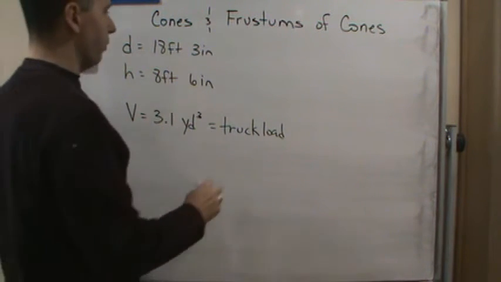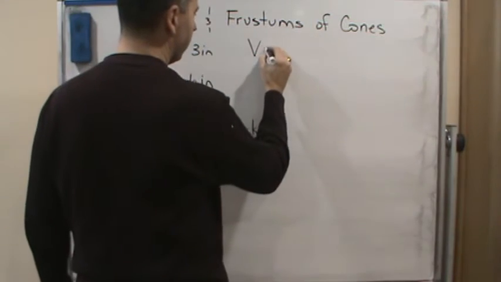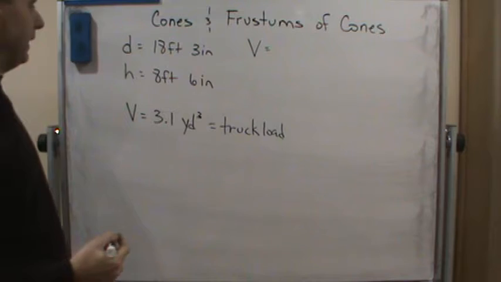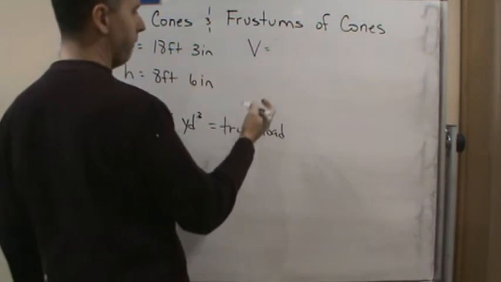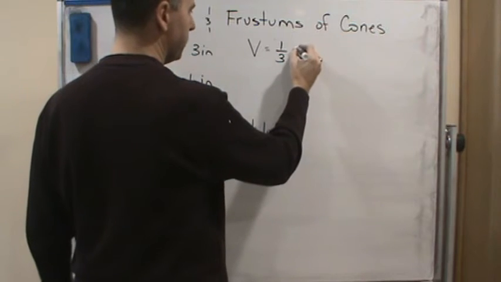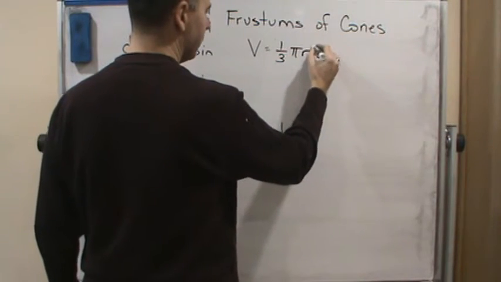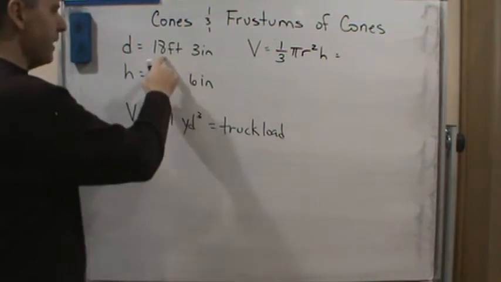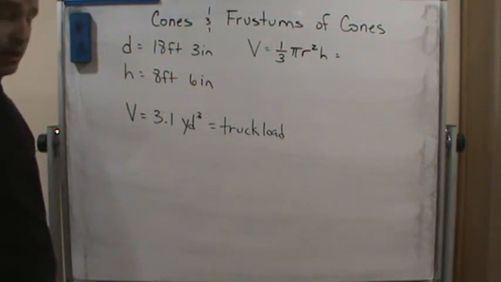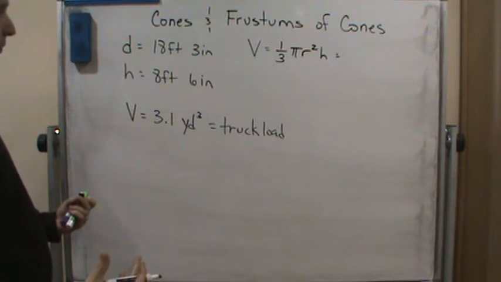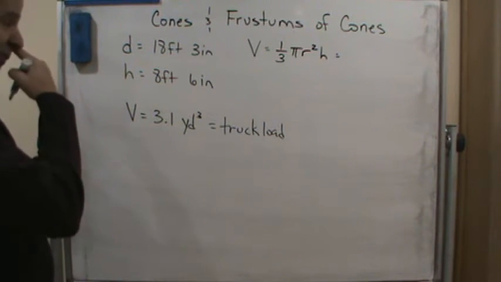So the volume of the conical pile of sand is going to be estimated using the formula for the volume of a cone, which is 1/3 the volume of a cylinder, which is pi r squared h. Now we've got mixed units here, so we have to put them in the same units.